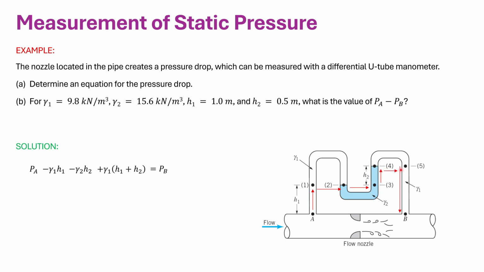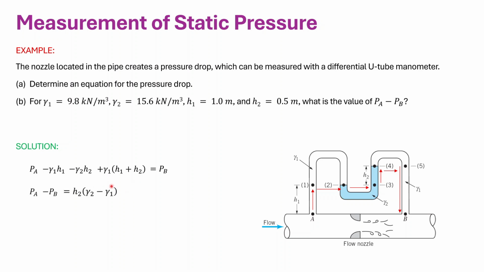And then from here, if we go to the right and go down, we get to point B, but for here we have plus gamma 1 times (H1 plus H2), because this height is H1 plus H2, equals PB.